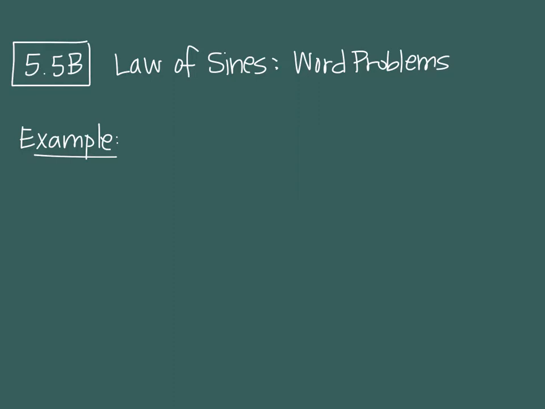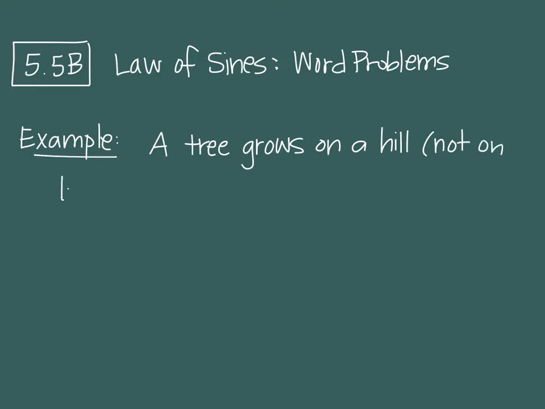Okay, so let's go back to a tree problem like we had before. And a tree is going to grow on ground that isn't level. So it's growing on a hill, not on level ground. The ones we did before were always on level ground. A tower, whatever.